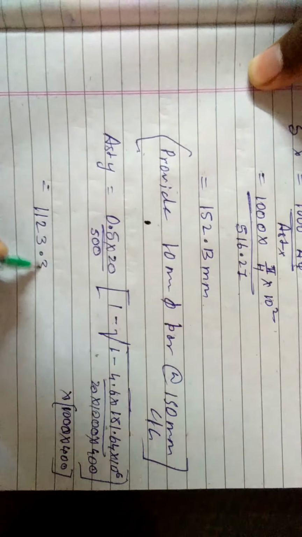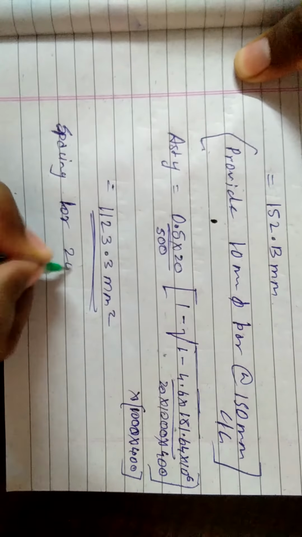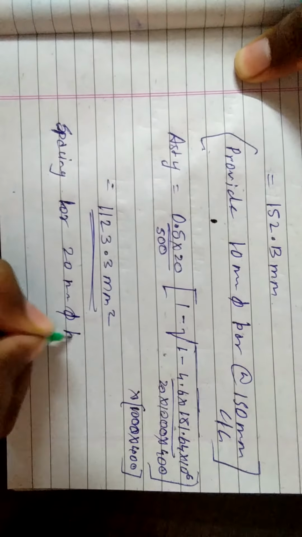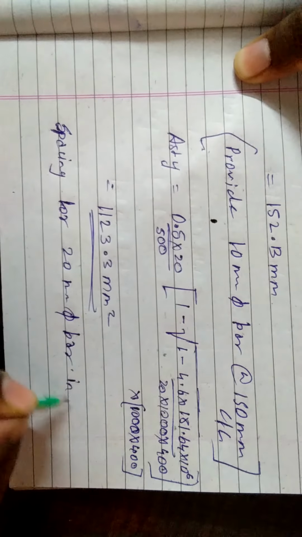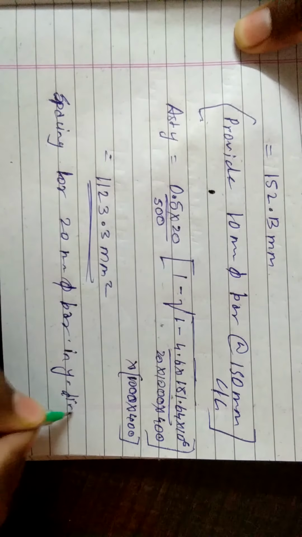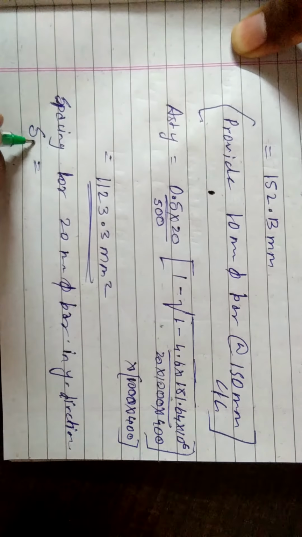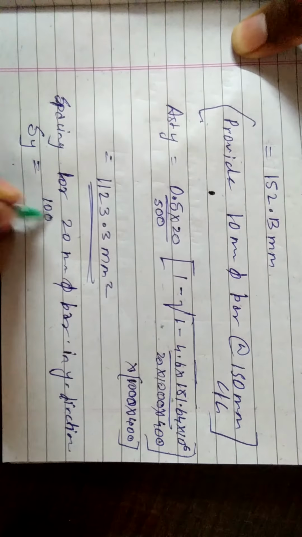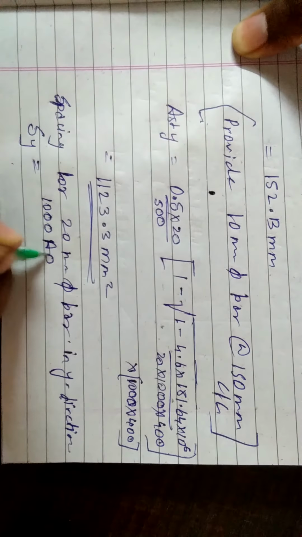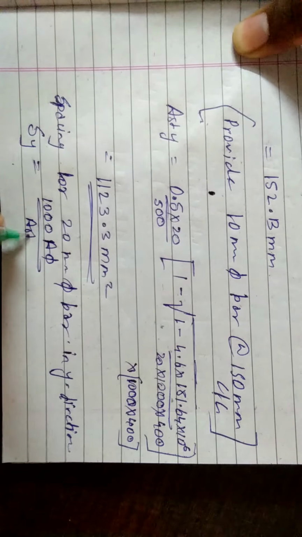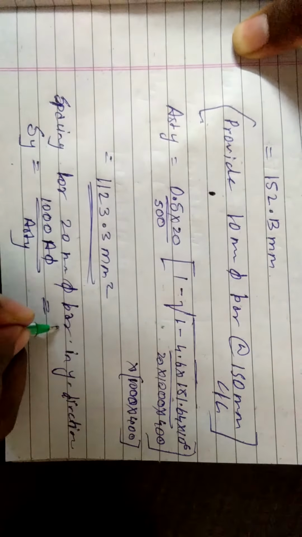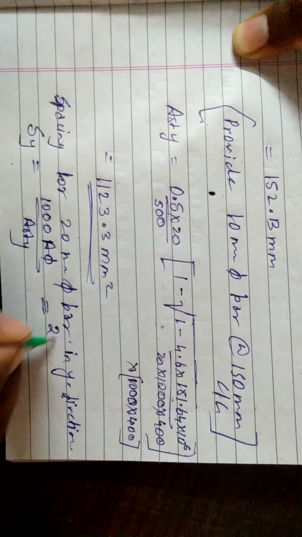For this also, the spacing for 20 mm diameter bar in Y direction, the formula will be the same: S in Y is equal to 1000 into area of diameter of bar divided by AST in Y direction. After this calculation you will get the value of spacing, that is 270 mm center to center.